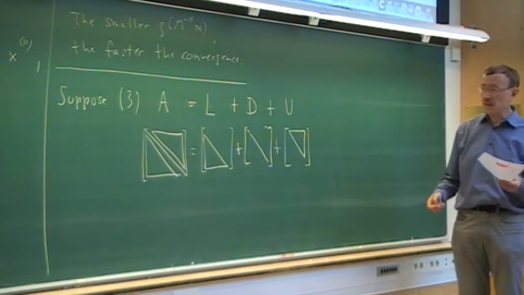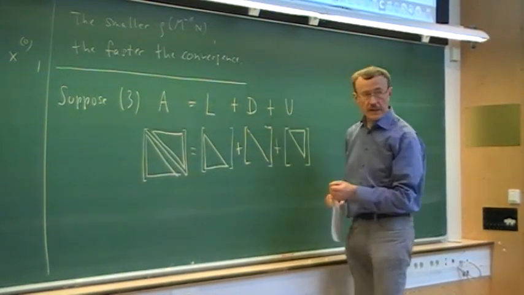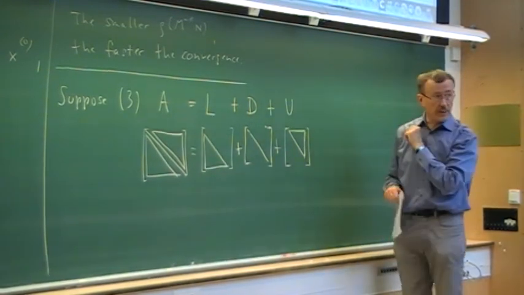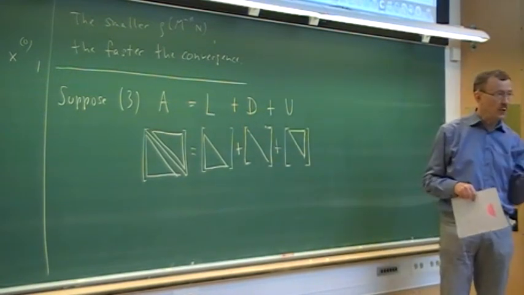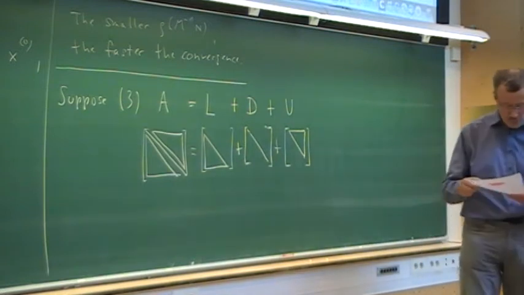So you have a matrix, and the L is all what is below the main diagonal. The U is all that is above the main diagonal, and D is just the diagonal. That is how matrix A can be written. That we shall use now.